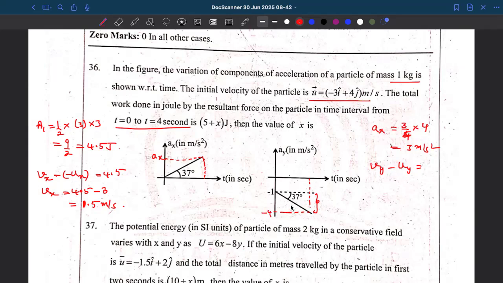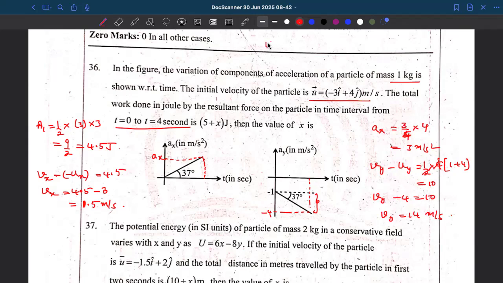But remember, that is not a triangle, it's a trapezium. So area of the trapezium is half into base 4 into the sum of the two parallel sides, 1 plus 4, which is 10. Vy minus 4 is equal to 10, so Vy is 14 meter per second.